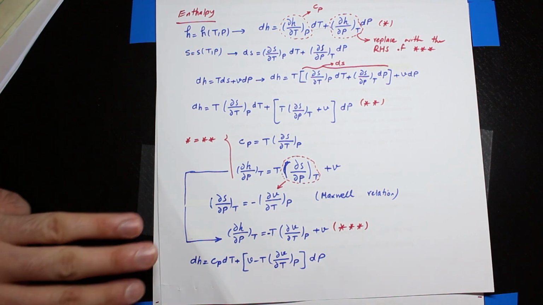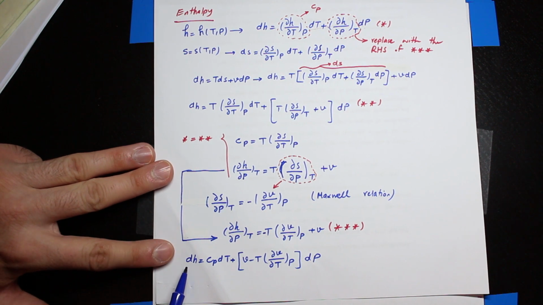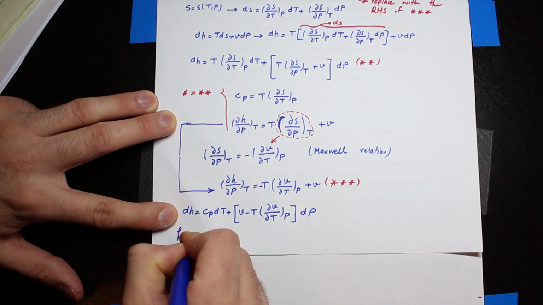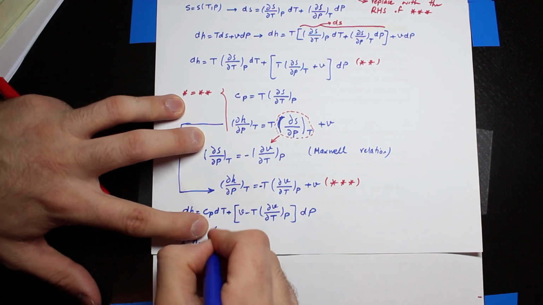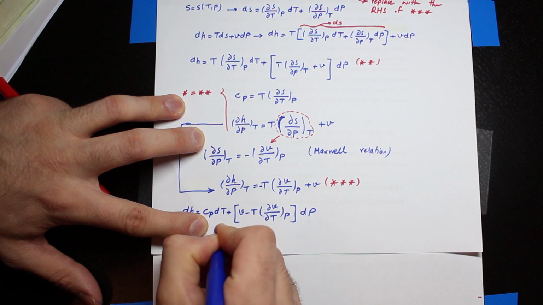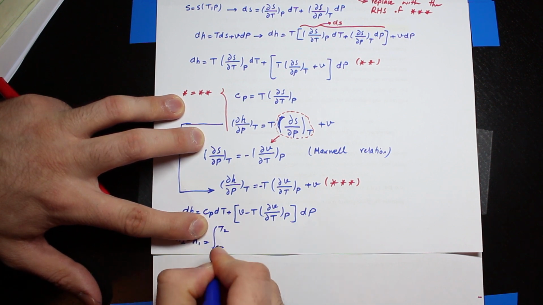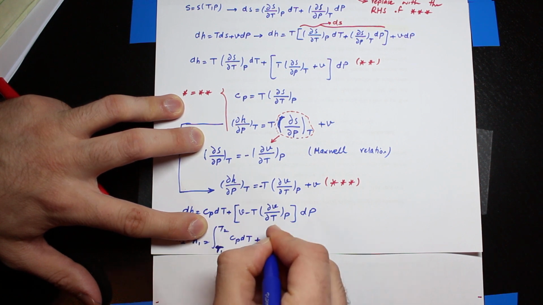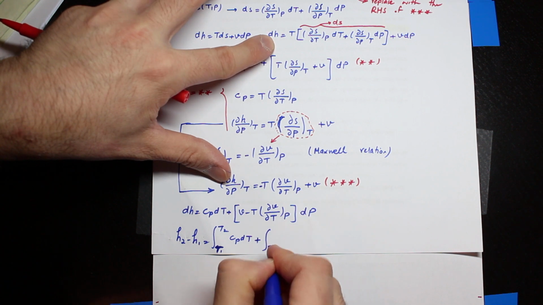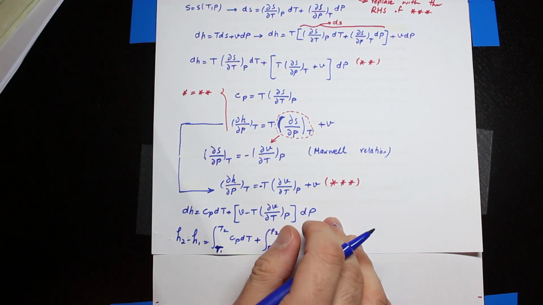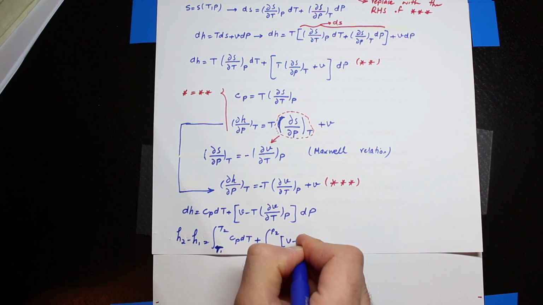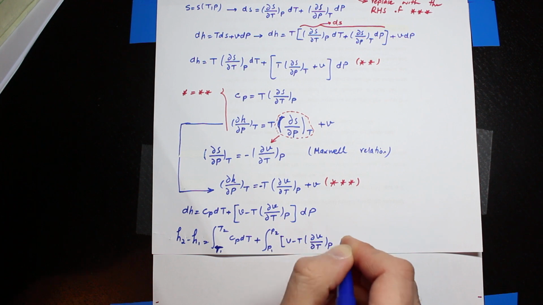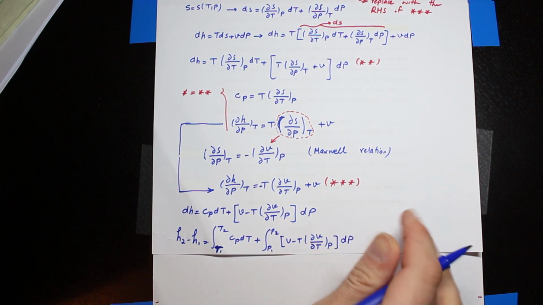Now I have achieved my goal because I can obtain H2 minus H1 by simply integrating this equation. So that gives me H2 minus H1 equal to the integral from T1 to T2 of Cp dT, plus the integral from P1 to P2 of the entire bracket V minus T partial V partial T for constant pressure dP.